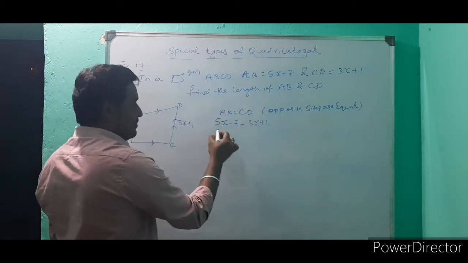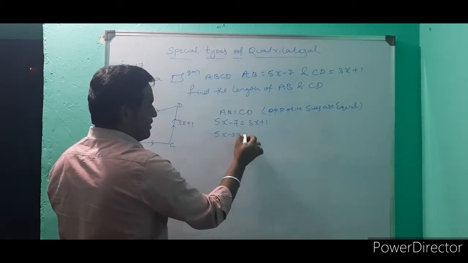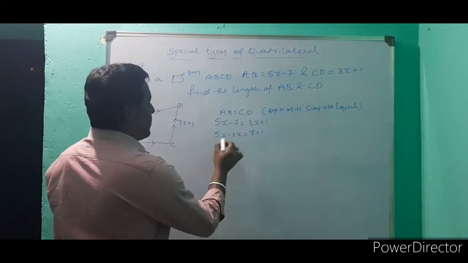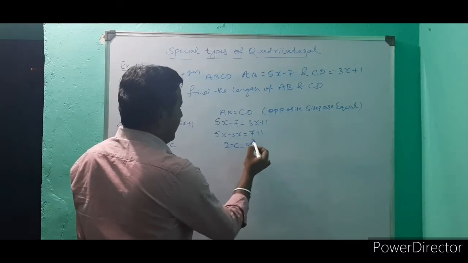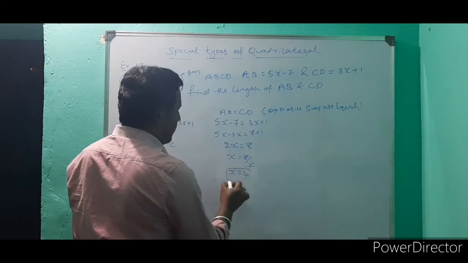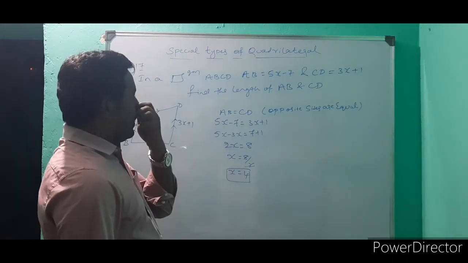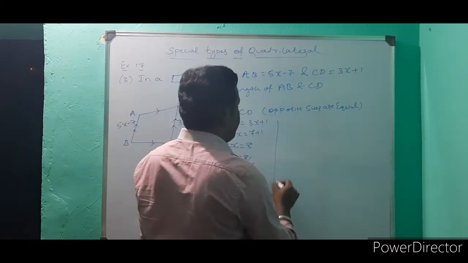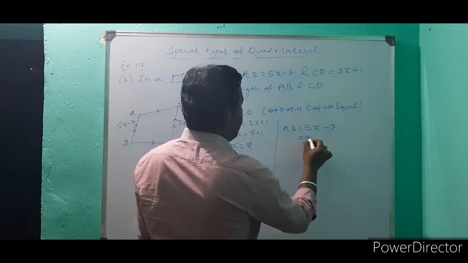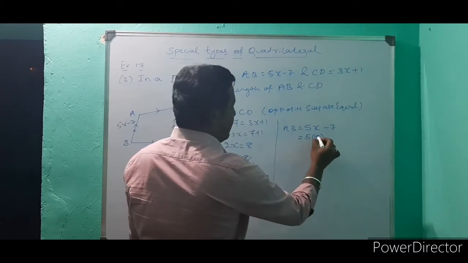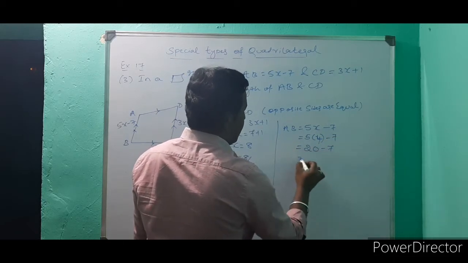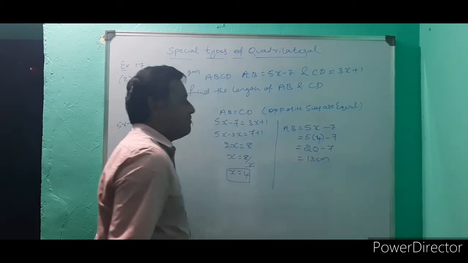You can shift plus 3x to this side: 5x minus 3x, and minus 7 you can shift to that side, it will become plus 1. So 5x minus 3x is 2x, equal to 8. x is equal to 8 by 2, x value is 4. After finding the x value, substitute in AB: 5x minus 7, x value is 4, 5 fours are 20, minus 7, 13 centimeter.